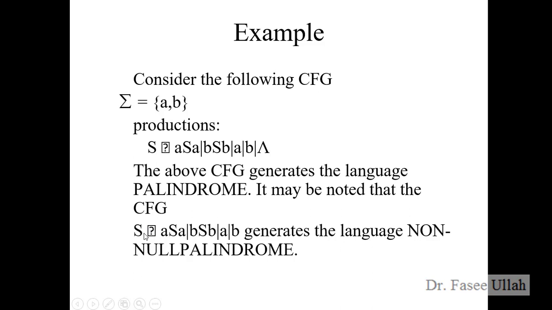Over here, X is equal to A, concatenation B, concatenation A, concatenation B. If we see these two productions, here we have an extra empty and here we do not have empty. So this is the palindrome representation, and because we don't have the empty, this is a non-palindrome context-free grammar. Because of only one empty set, it makes a big difference.